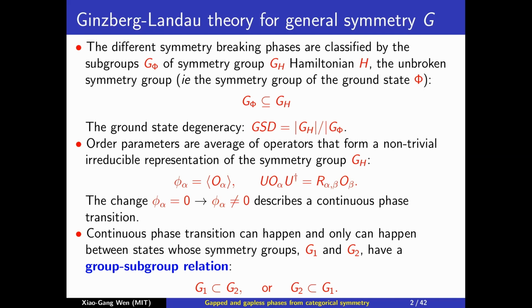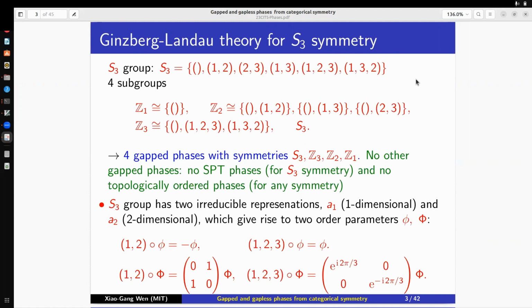I think for Ginzburg-Landau theory, if you are really careful, the continuous transition is allowed, but the critical point may have many relevant operators, so it may not be a stable one. So we have 4 symmetry breaking phases for this S3 symmetry. Basically, we have 4 subgroups: Z1 is trivial, and Z2, Z3, and S3.